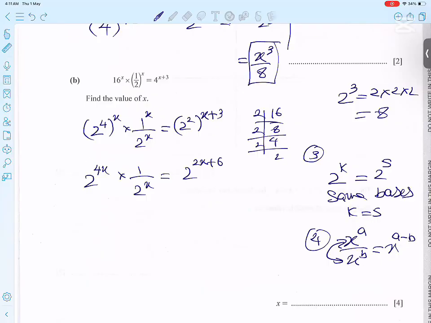Same here. Upper power minus lower power. Here I leave it as it is. And now what to write here? 4x minus x becomes 3x, and 2 to power 2x plus 6. So same basis.